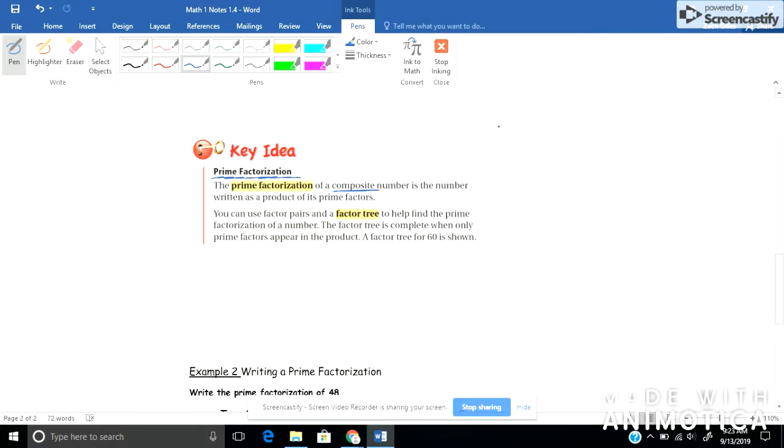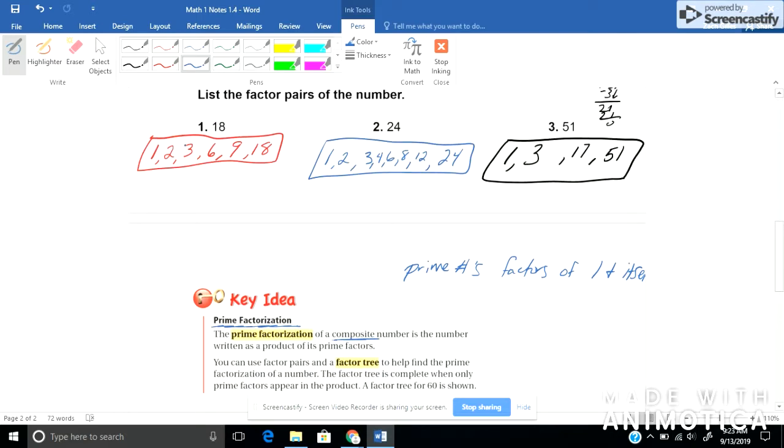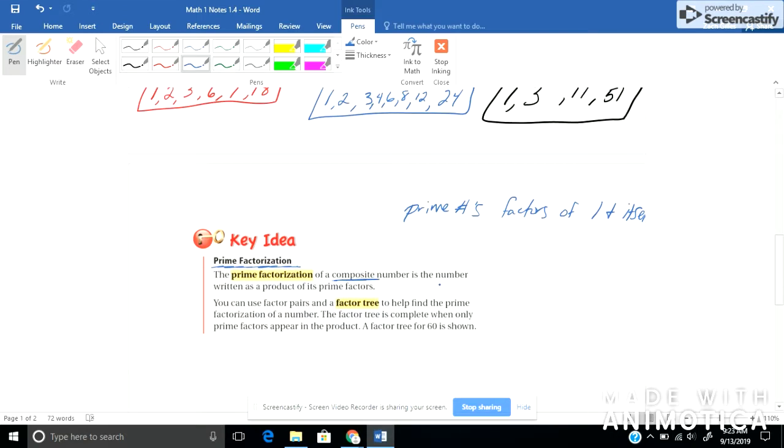Prime numbers, let's write this down, prime numbers only have factors of 1 and itself. Okay. Composite numbers have a lot more factors. So for example, all of these numbers, 18, 24, and 51, are composite numbers because they have multiple factors.